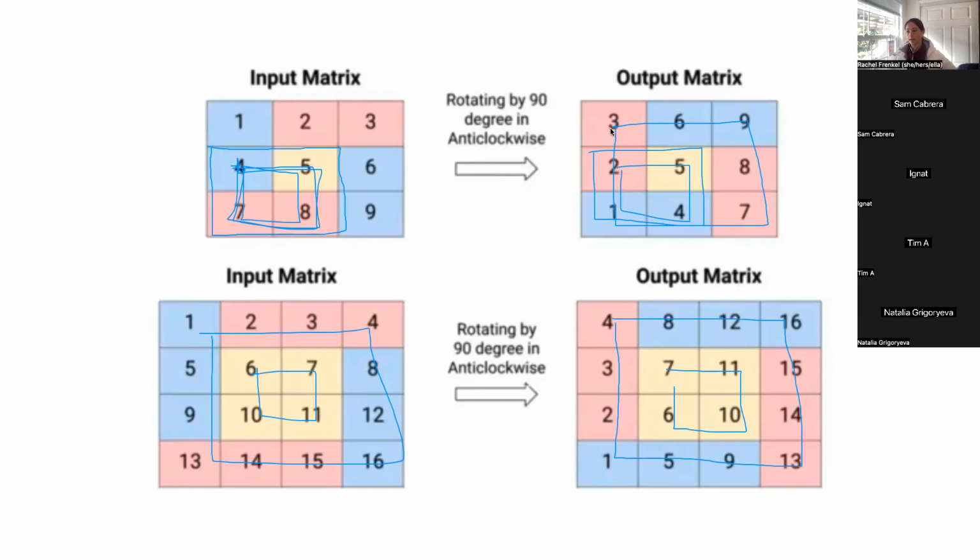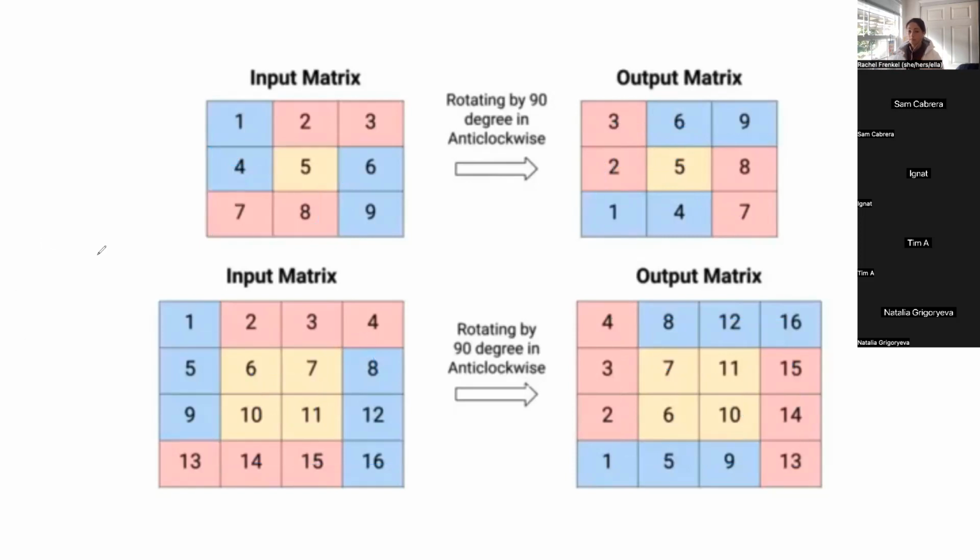So you can draw it out and say, okay, how many layers? Basically it's like an onion, right? How many layers before I get to the center of the matrix? That's what we're asking. 2 by 2 and 3 by 3 just have one layer.